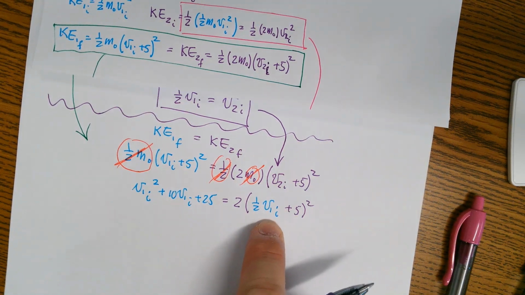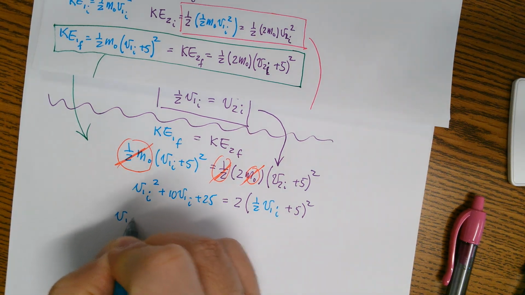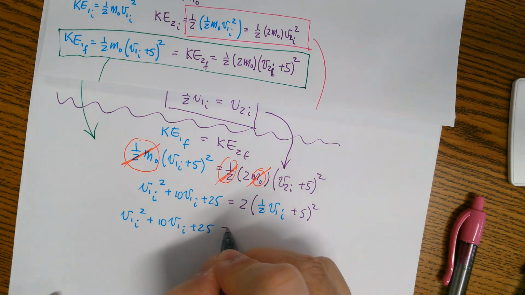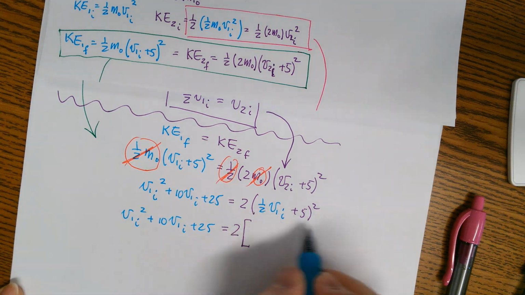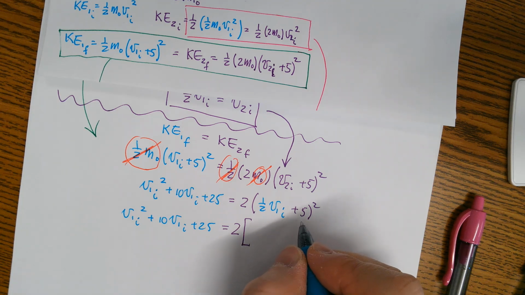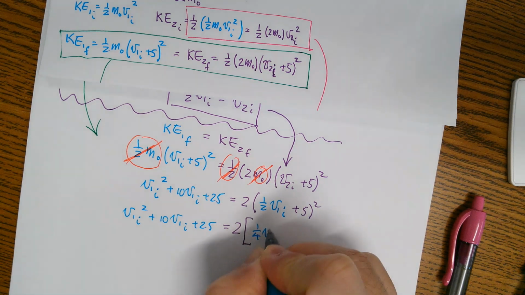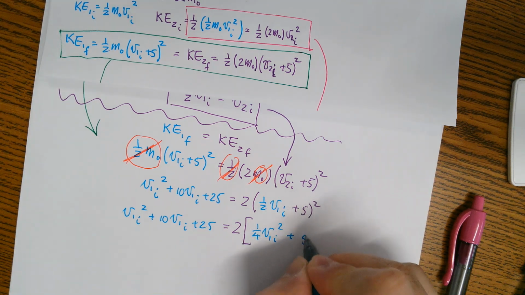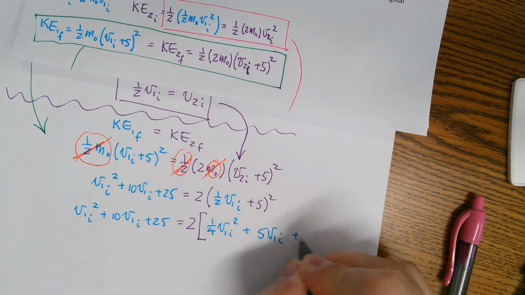I can foil this as well: 1/4 V1 initial squared plus 2.5 times 2, which is 5, times V1 initial, plus 5 squared, which is 25.